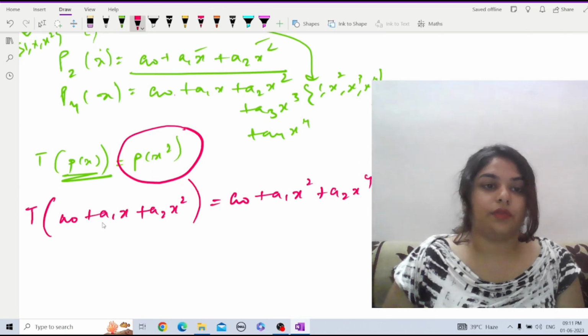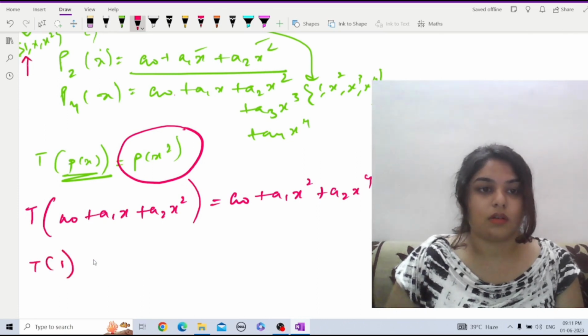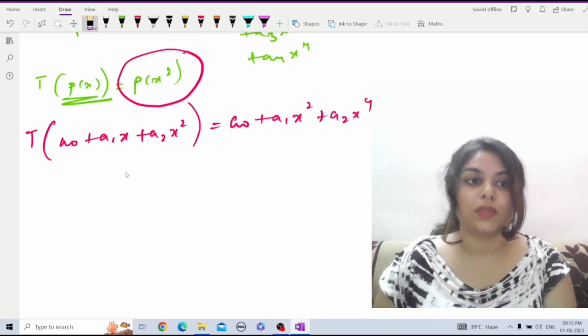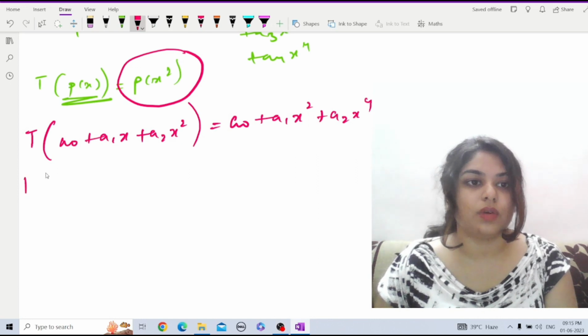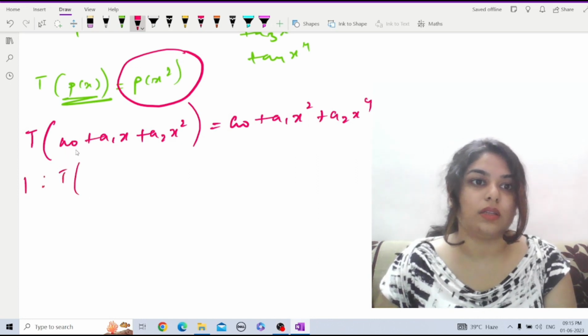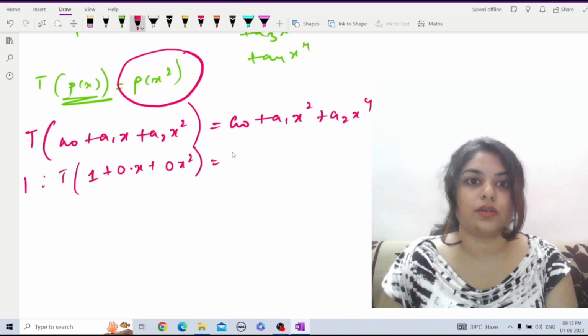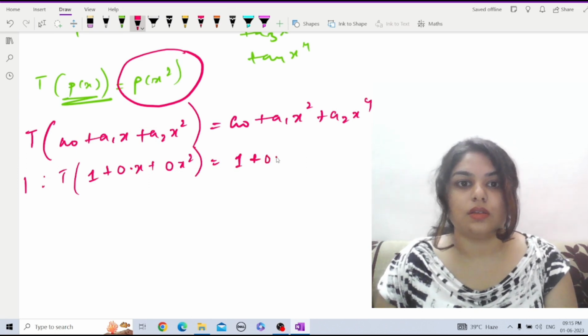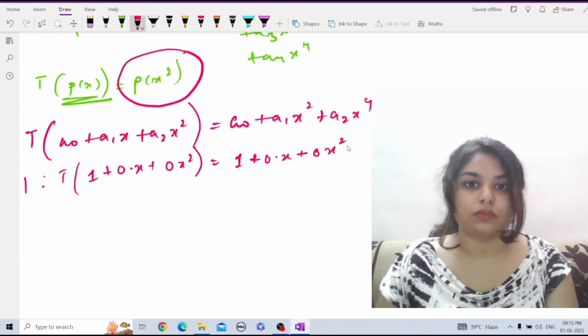Now what we have to do is take this basis. For T(1), a0 is 1, so we get 1 + 0x + 0x^2 + 0x^4.